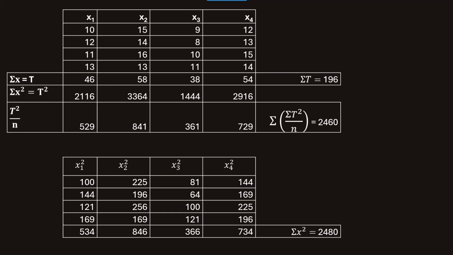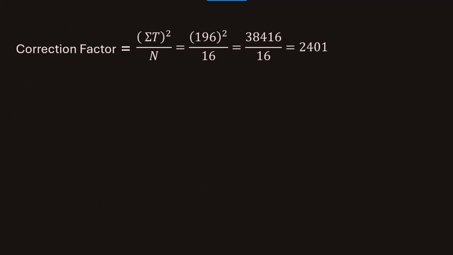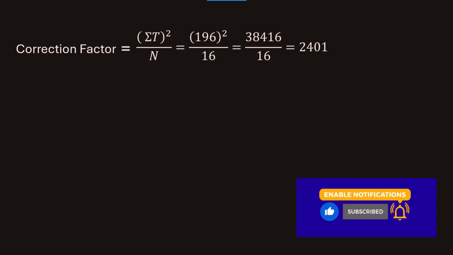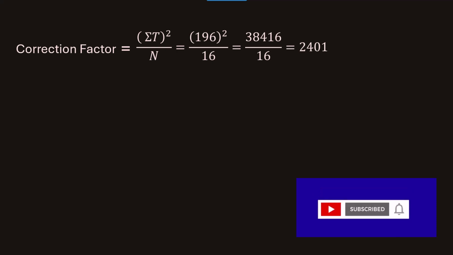The main calculation begins. The first value to be calculated is the correction factor. Correction factor equal to sigma T whole squared by capital N, equal to 196 squared by 16, equal to 38,416 by 16, equal to 2,401. Here capital N is calculated as follows.